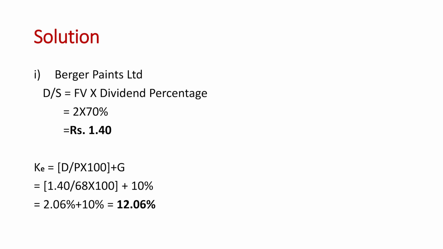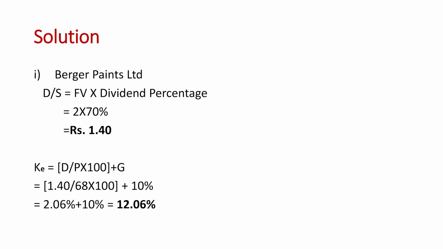Now what we want? We need the market price, means P value. P value here they are given 68 rupees. So now we can easily calculate the K is equal to D dividend per share divided by P into 100 plus G. See the problem, they are given the growth rate, that is 10% to the Burger Paints Limited.